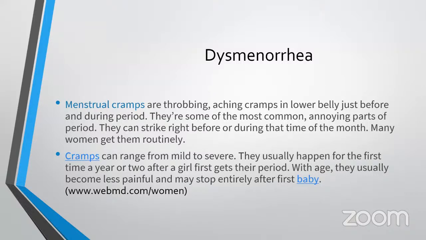It is some females, not all, but some, they may feel very severe cramp. There may be a mild cramp in some females, but in this dysmenorrhea condition the menstrual cramp can be very severe, where they will feel throbbing, aching cramps in the lower belly just before and during the period. So it will be very severe during the period.